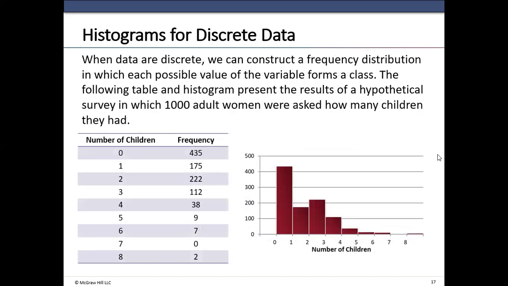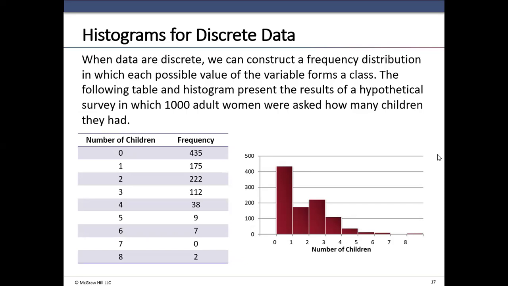This is a histogram of discrete data. Point to note here: because there are no groups in number of children, what do we have? We go from 0 to 1 in the first class. Actually, in most textbooks, they show the middle of the first bar to be 0, which has a frequency of 435. Remember, this is number of children.